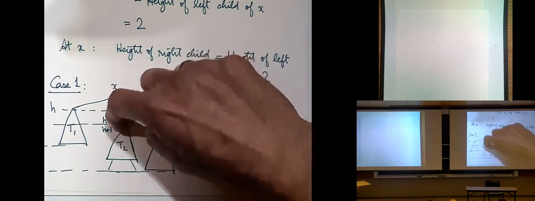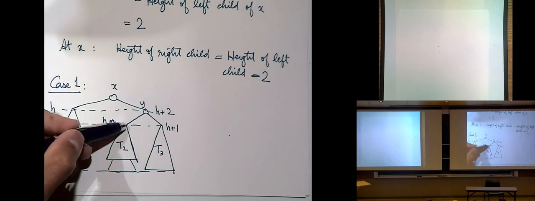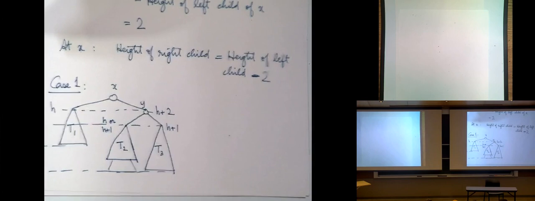The height of T2 cannot be less than h. Why? Why? Yes? No, there's a more specific reason as to why.